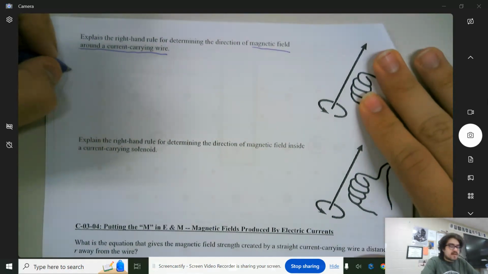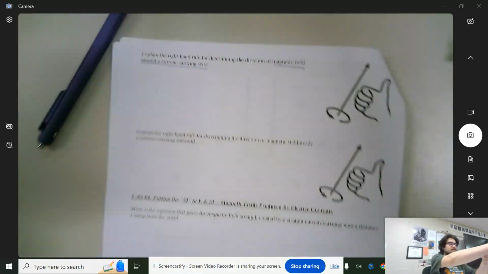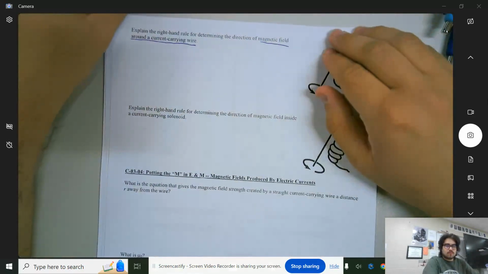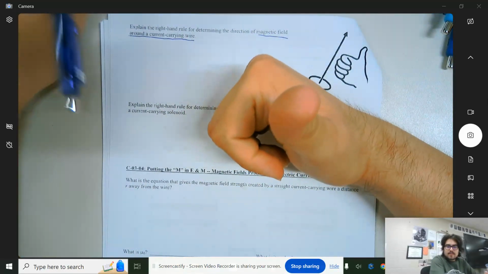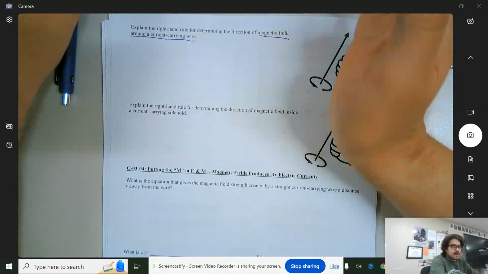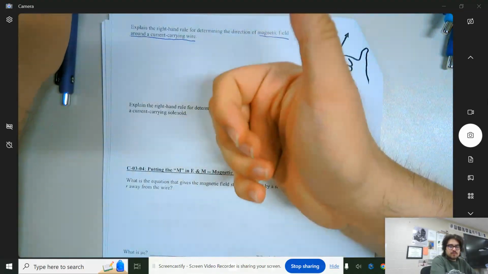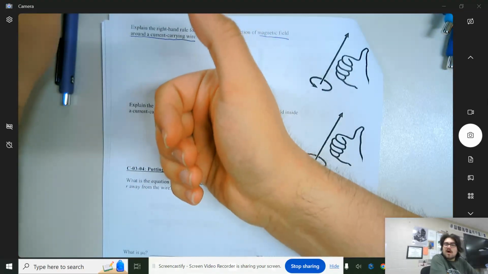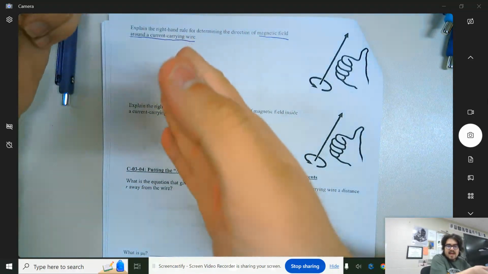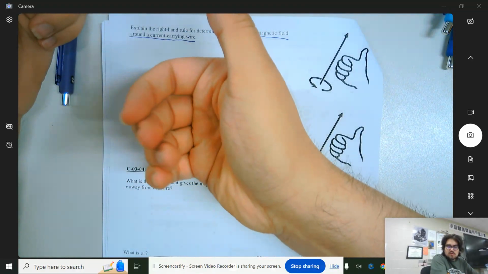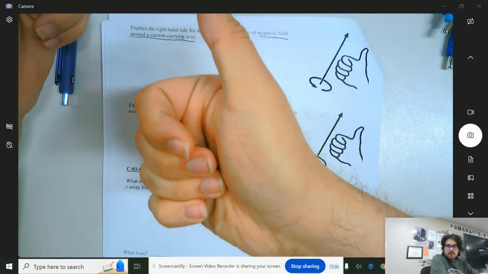So first off, when you do the right-hand rule, we call it a grip rule or a grasp rule. You basically do this, thumbs up, and you wrap your hand around the wire. Your thumb points in the direction that the current's flowing, and the B field circles around the wire.